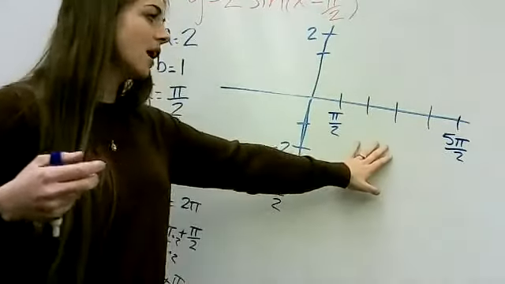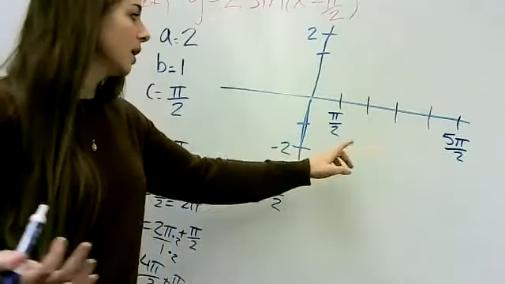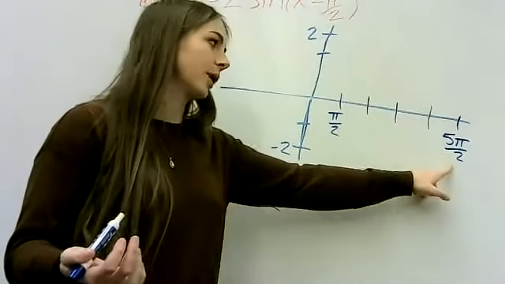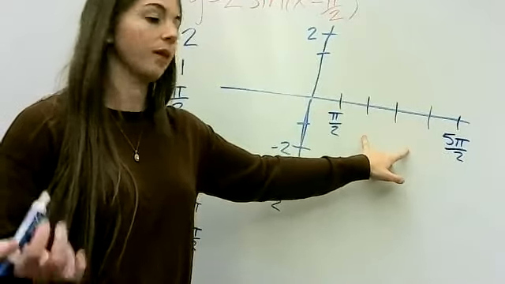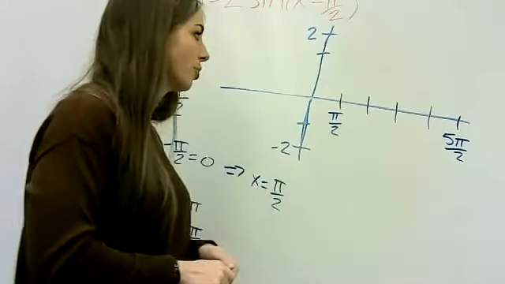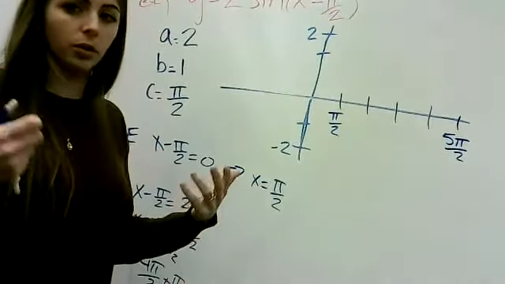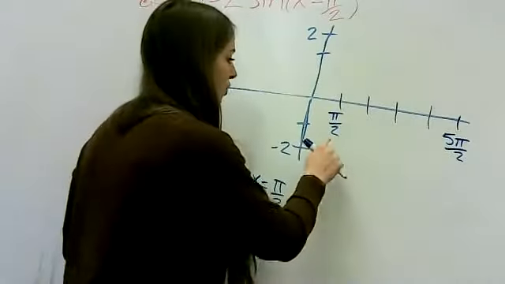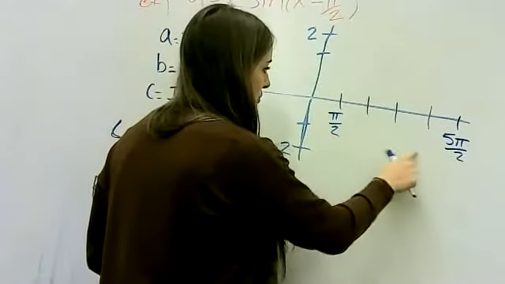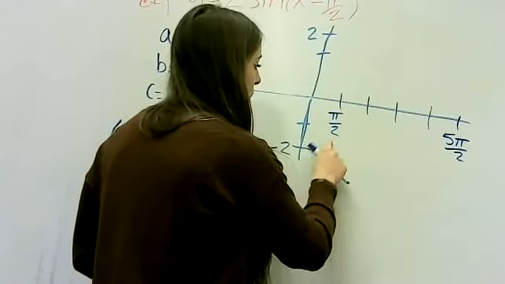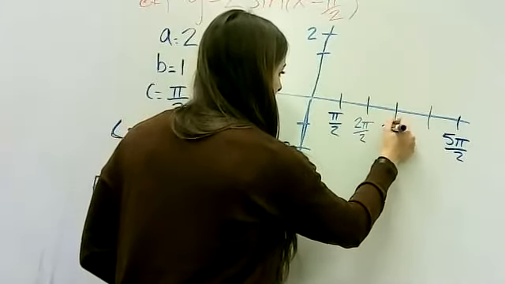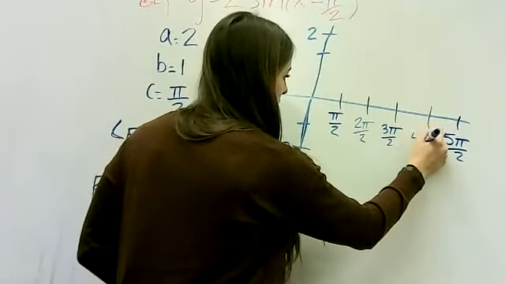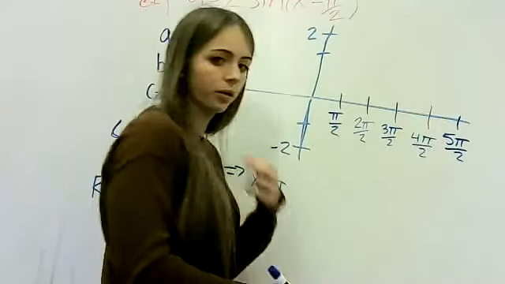In this case, we can just test something. If I'm going from pi over 2 to 5 pi over 2, are those going to be my 4 equal sections? If you counted this up, 1, 2, 3, 4, 5, it would go 1 pi over 2, 2 pi over 2, 3 pi over 2, 4 pi over 2.